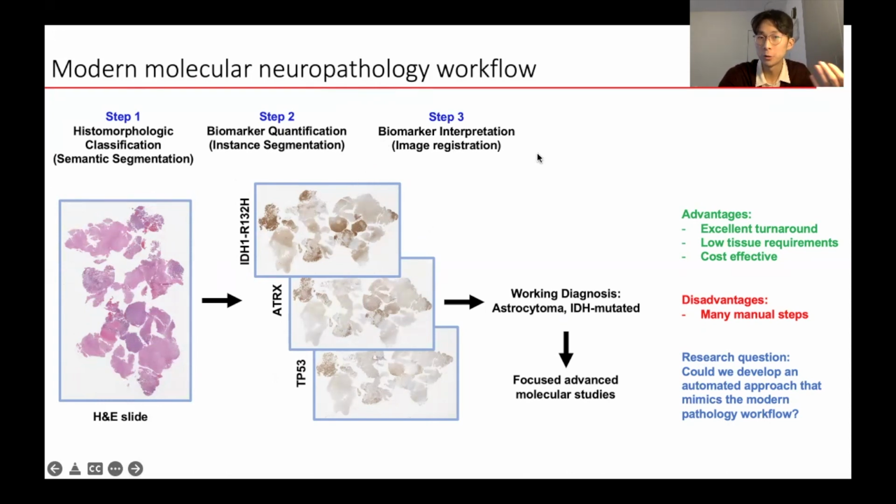And using what's called image registration, we would align the whole slide image of the H&E as well as the immunohistochemistry markers and analyze the tumor regions where we would quantify and find out more about different molecular markers. And the final step is kind of integrating everything together and then coming up with a diagnosis using decision trees.